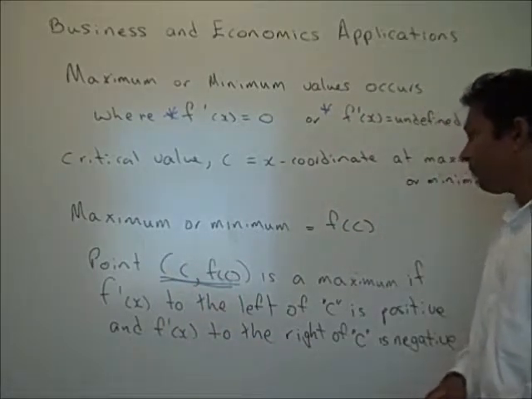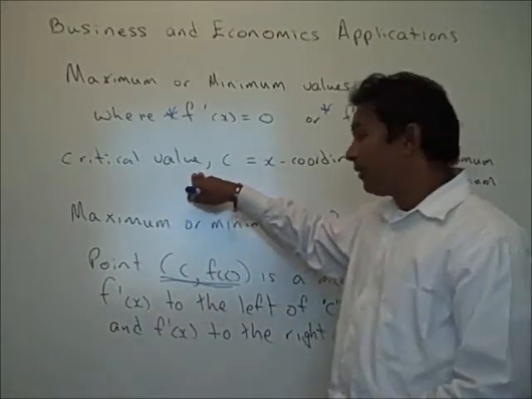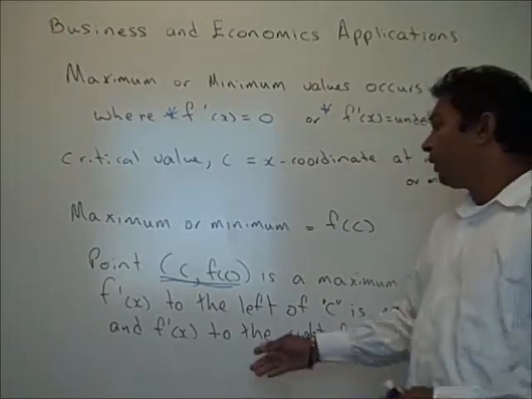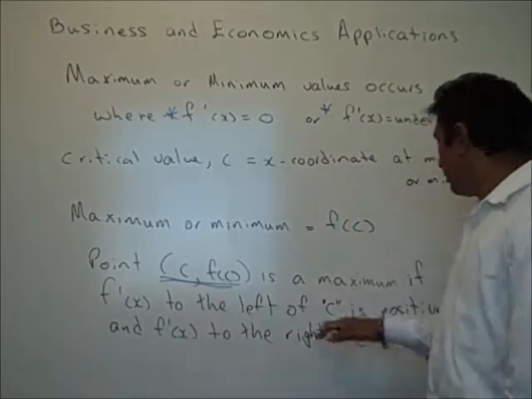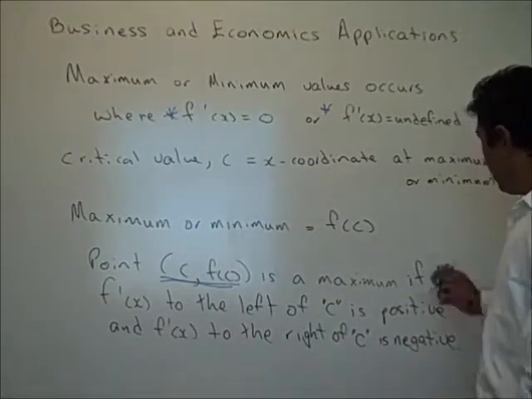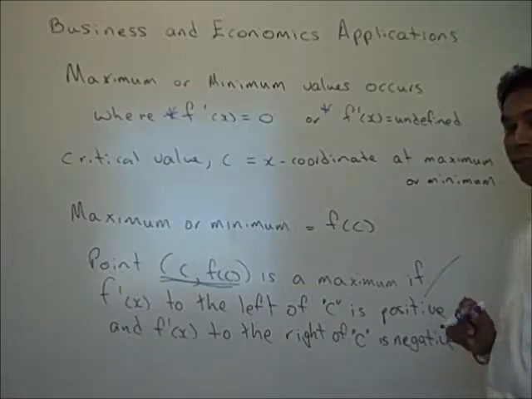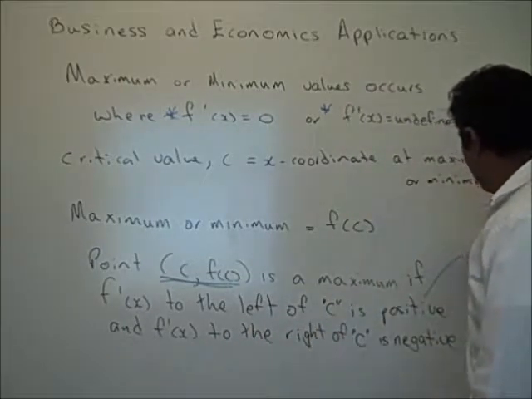We know that this is a maximum value at our critical value if, to the left of c, the first derivative is positive, which means our function is increasing. So here our function is increasing, and to the right of c our function is decreasing.